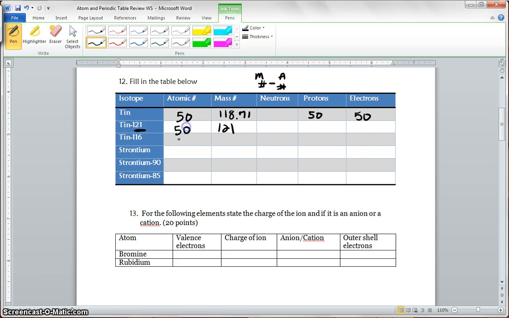Atomic number stays the same. So for 116, that's the mass number. Protons and electrons are all going to be the same. Okay, so the only thing that's different is going to be the number of neutrons. So let me grab my calculator.